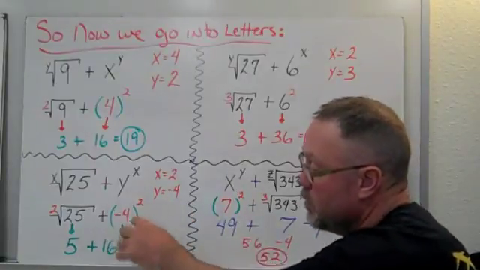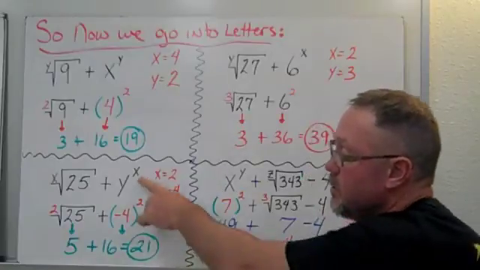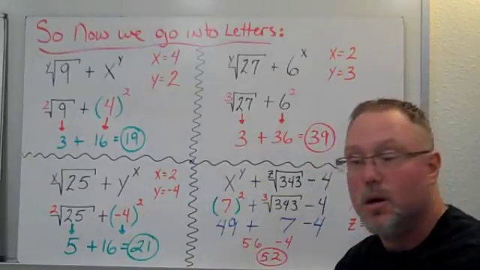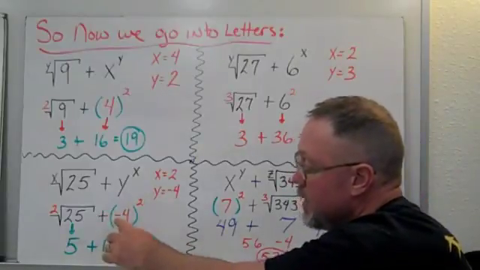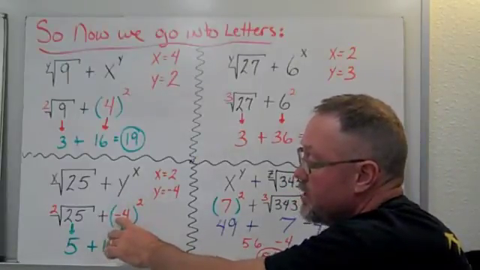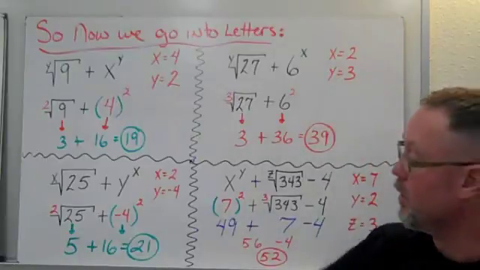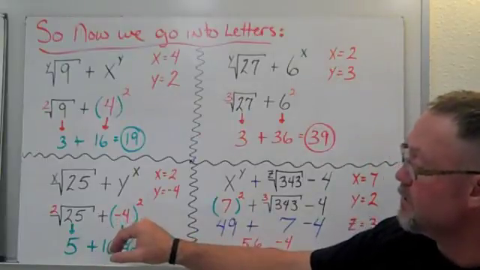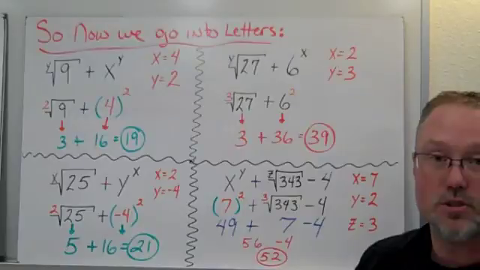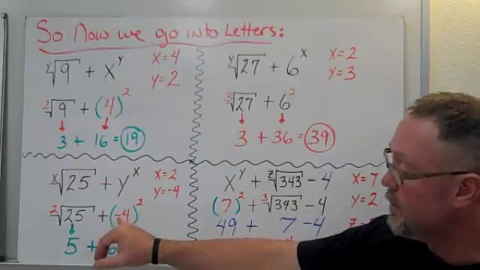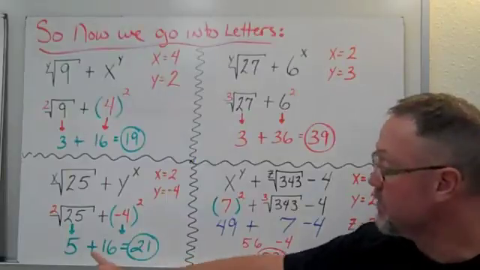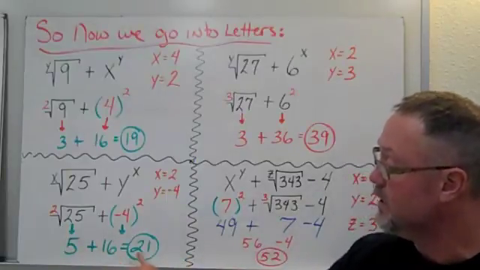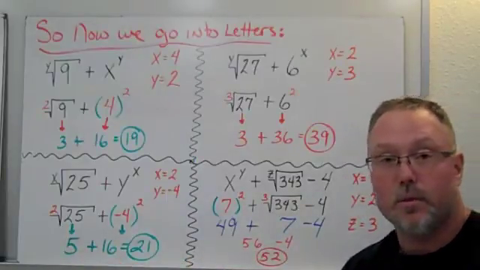If you do not use parentheses and you square this number, this changes your whole problem, because the parentheses group everything so that this negative is now affected by the power. So it would be a negative 4 times a negative 4, which is negative 4 squared, which gives us a negative base to an even power, which means that we get a positive answer. So we have 5 plus 16. That gives us an answer of 21.